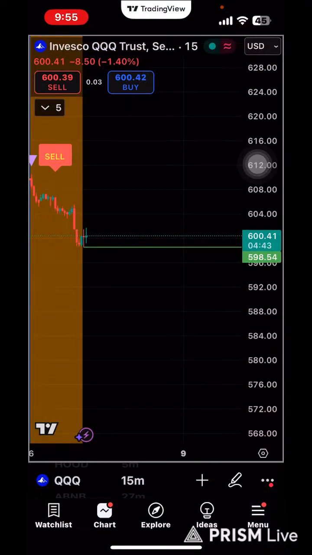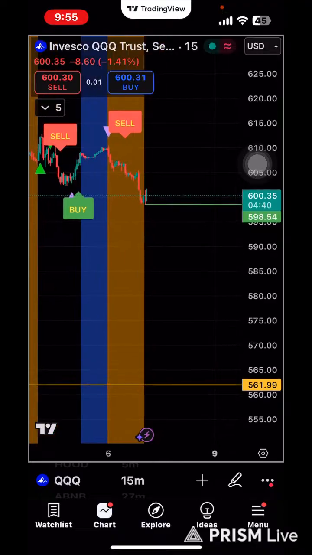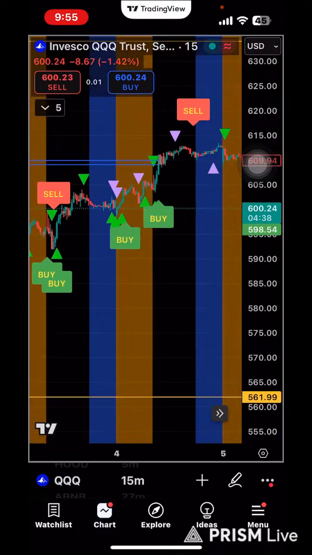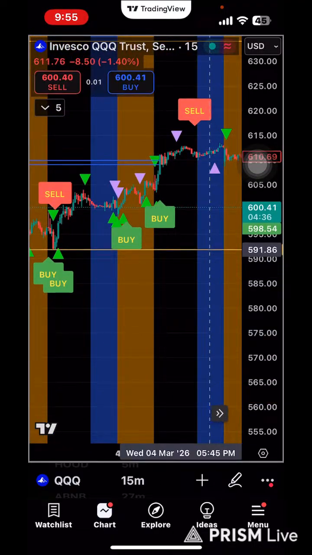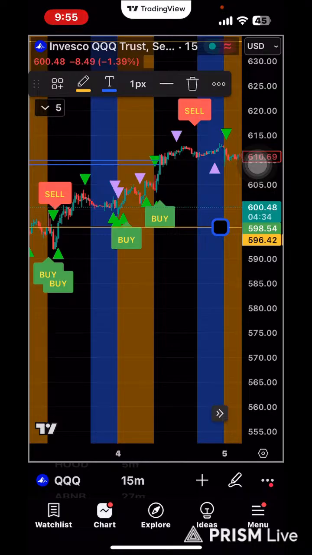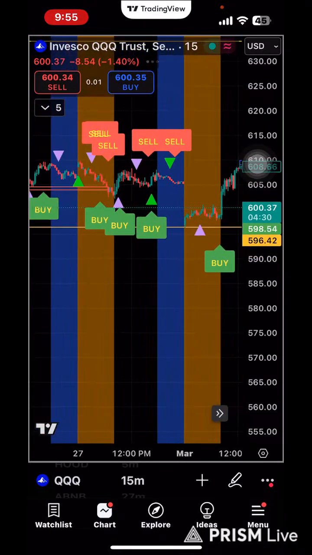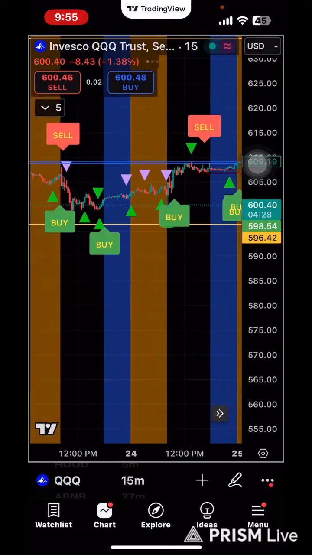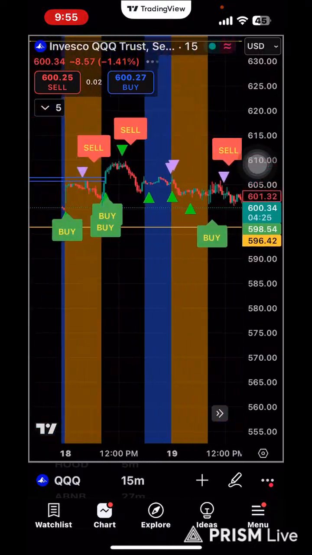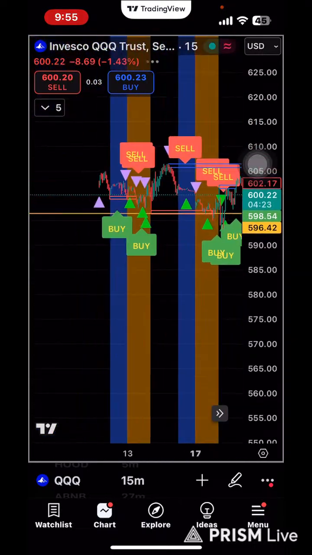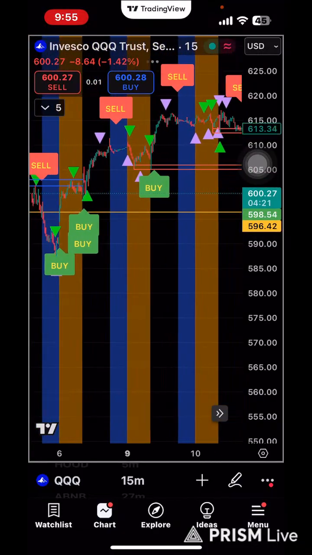So we're over here on a 15-minute chart, and I would say, what's going to be our next target if we do get a downward flush.